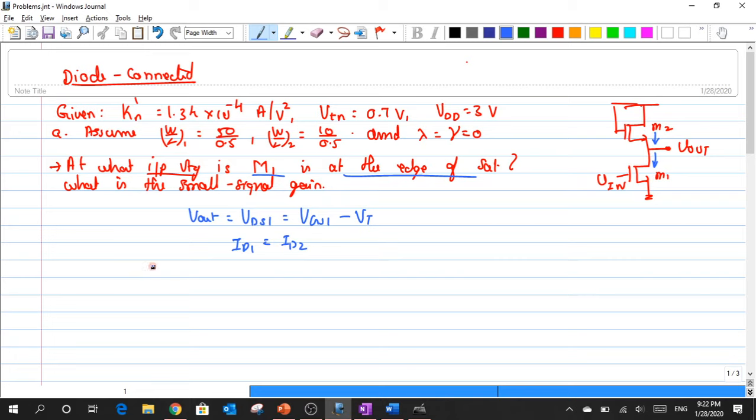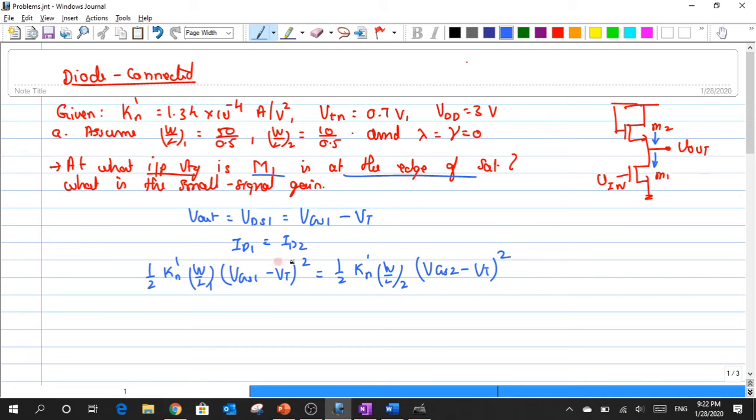So I'm just going to substitute the corresponding saturation current equation, which is half Kn dash W by L of 1 times VGS1 minus VT the whole square, equal to half Kn dash W by L of the second transistor, the diode connected transistor, times VGS2 minus VT the whole square.